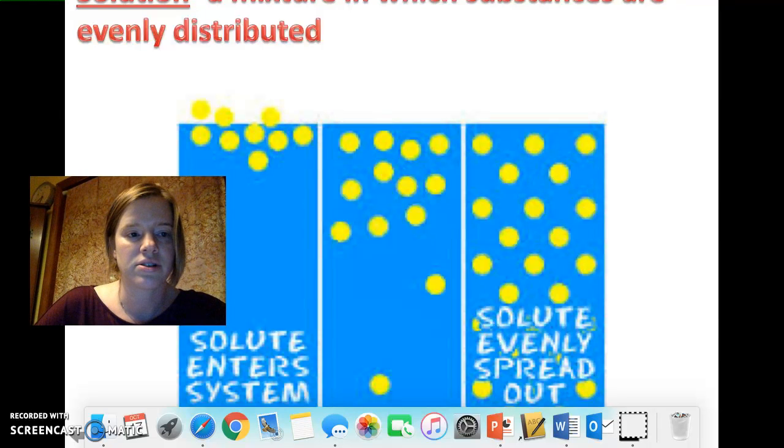Mixtures are easily separated. And you can kind of see why a solution is not, because it's evenly spread out. The solute is evenly spread out throughout the whole mixture. So a solution in your notebook, a solution is a mixture in which substances are evenly distributed.